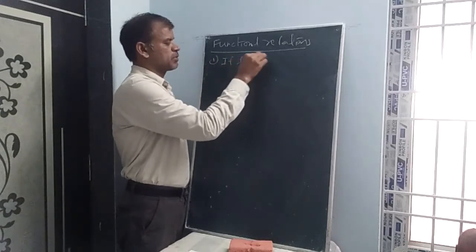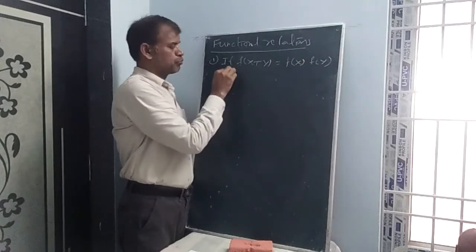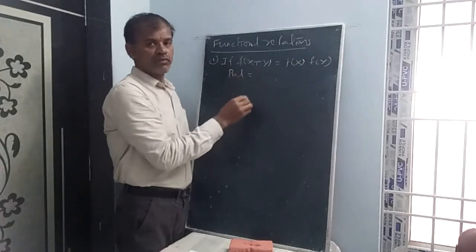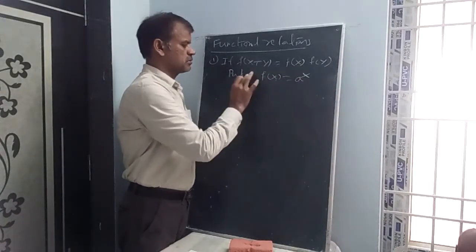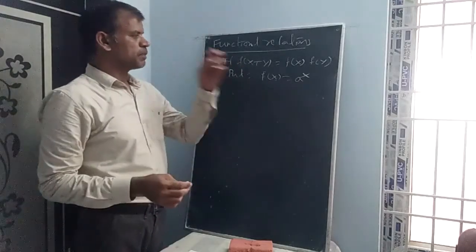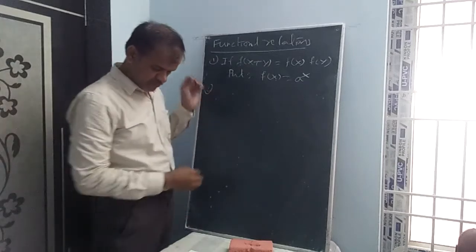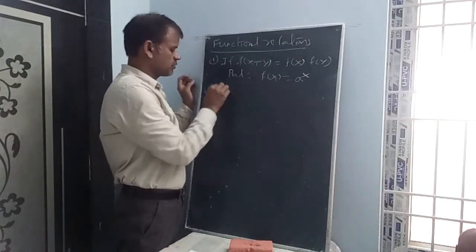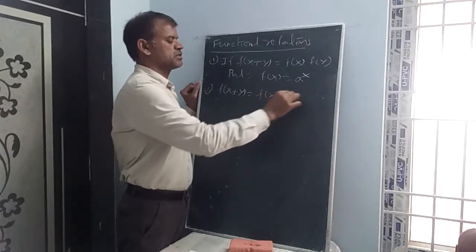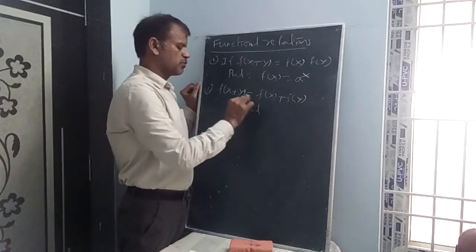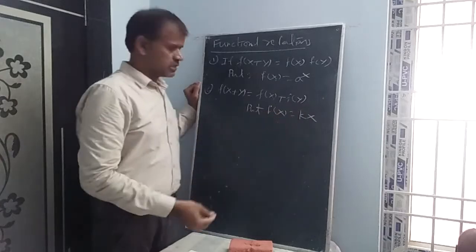If f of x plus y is equal to f of x into f of y, put f of x is equal to a power x. A power x into a power y is equal to a power x plus y. Second one, f of x plus y is equal to f of x plus f of y. Then you can understand, put f of x is equal to kx or ax, anything.